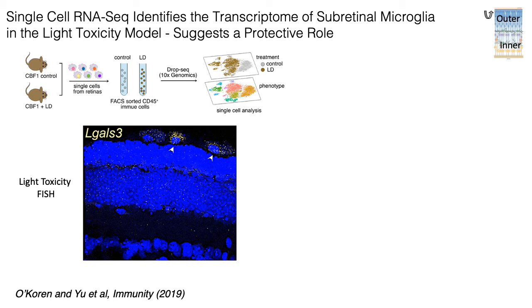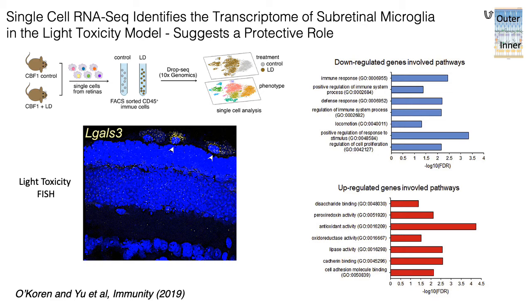Once the transcriptomes were obtained, using functional gene enrichment analysis, one could identify upregulated and downregulated pathways. What was interesting from these data was that many of the immune response pathways were downregulated in the subretinal microglia, suggesting that their functions are being performed in the absence of pro-inflammatory molecules or pathways.